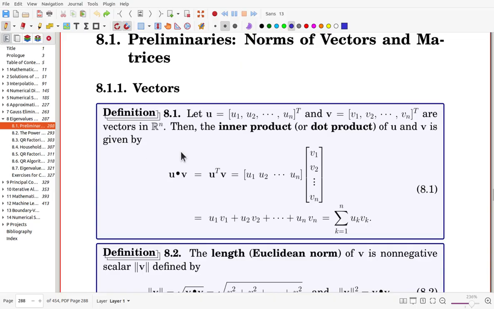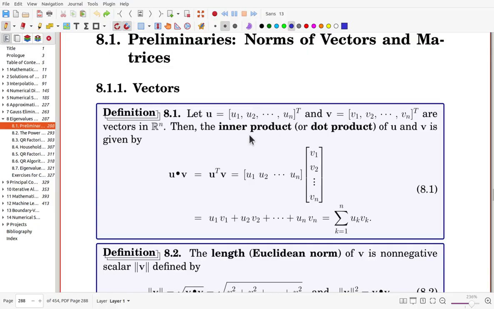Section 8.1, Preliminaries. And here we'll start with norms of vectors and matrices. The first definition is about inner product or dot product for two vectors having the same dimensions.